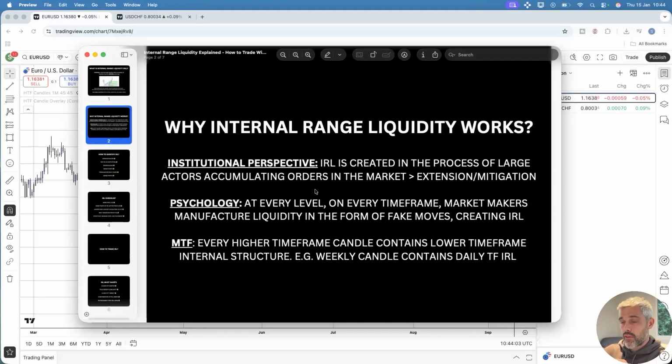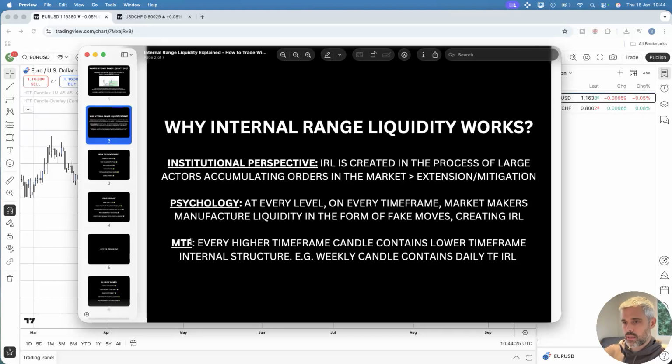So whether you're looking at the 1 minute, 5 minute, 1 hour, whatever it is, fake moves are constantly happening to build liquidity, to force traders into thinking price is moving in the opposing direction that can be bought or sold against. So psychology is very important in how these pockets of internal range liquidity are built.